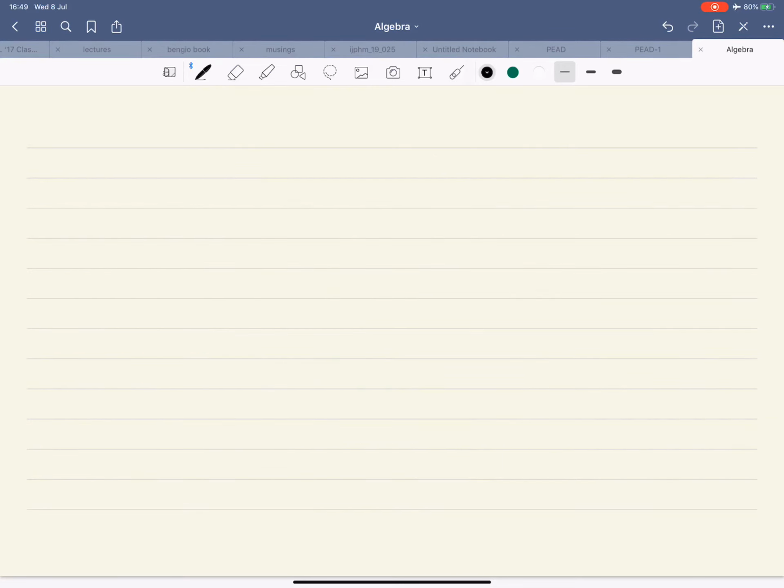One thing that I want to go over with regard to closure is that you can ask whether any set is closed under any operation. So when we talk about closure, we're really talking about, I've got some operator, and the two operators that we've looked at so far are addition and multiplication.